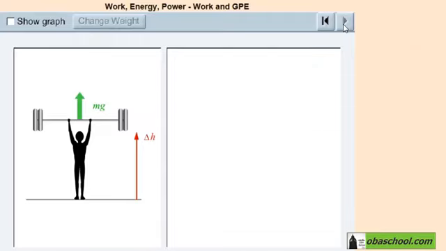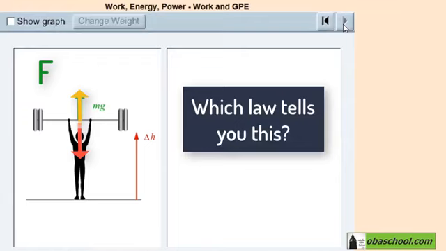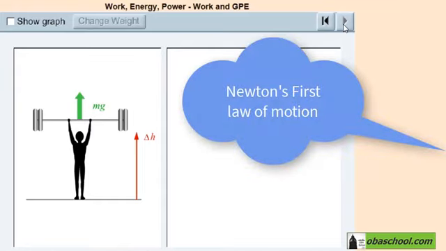For the weights to move upwards at a steady rate, the force F provided by the weightlifter must equal the downward force mg. Which law tells you? Yes, it's Newton's first law of motion.